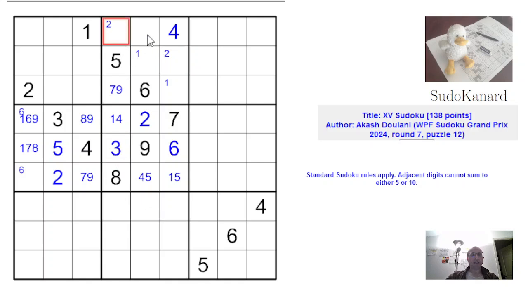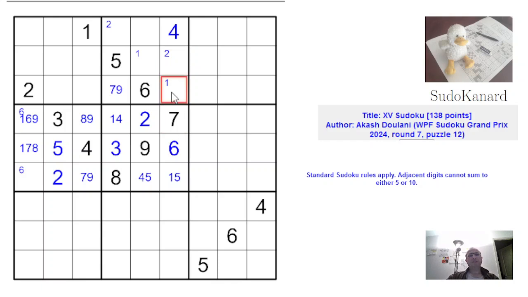They are not here, so 3 and 8 are in there. If I try to put 3 and 8 into those cells, then one of them will touch the 2. So that's not an option. So at least one of them is in here, which is probably not that interesting.